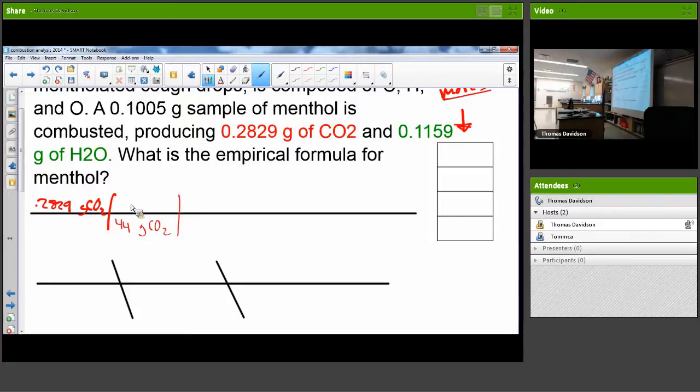For every 1 mole CO2, I have 1 mole of C. And I'm going to pause for right now and put that answer down. What is this answer right here? 0.006 what? Okay.